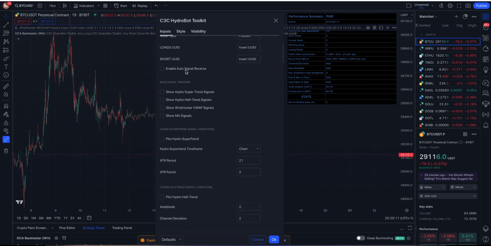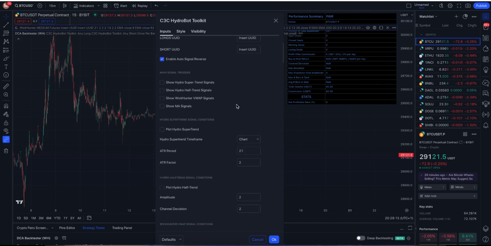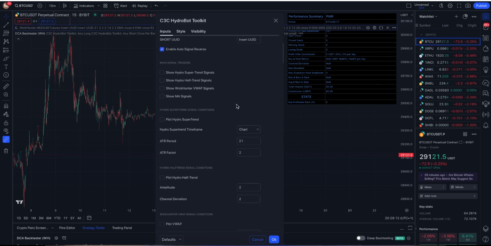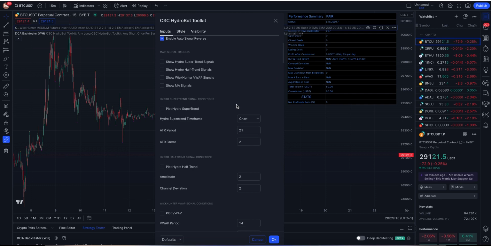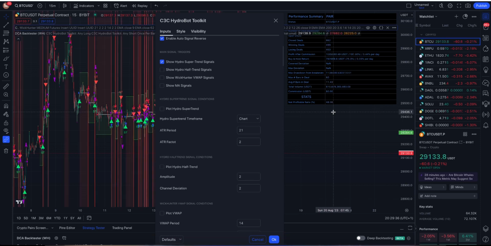The reverse signal we've got enabled, and we can click that, but we only need that for when we actually send signals via an alert. So what I try to do is first I try to find settings for each individual trigger. So first we'll hit the Hydro Super Trend and see what this does.